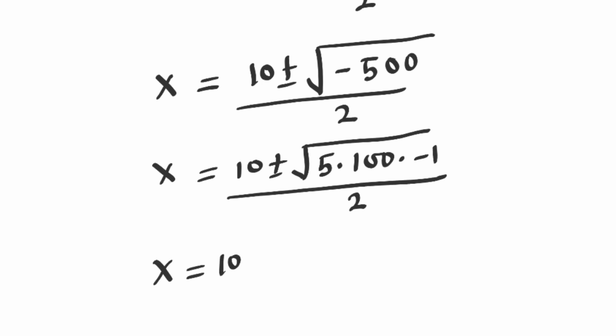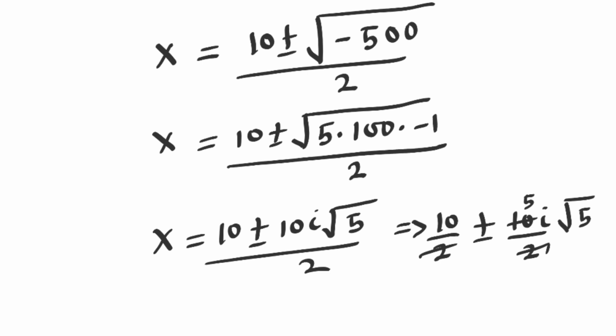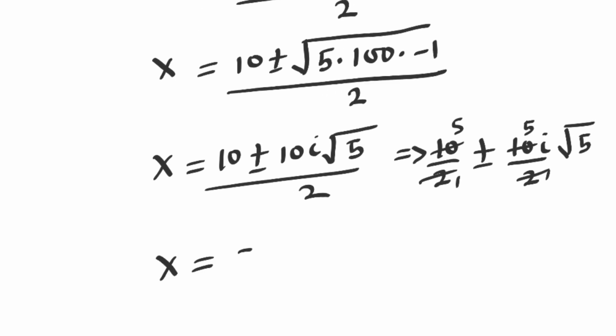x is equal to 10 plus or minus square root of 100, which is 10. Square root of minus 1 is i, root 5, divided by 2. This can be written as 10 divided by 2 plus or minus 10i root 5 divided by 2. 2 here 1, 2 here 5. x is equal to 5 plus or minus 5i root 5.